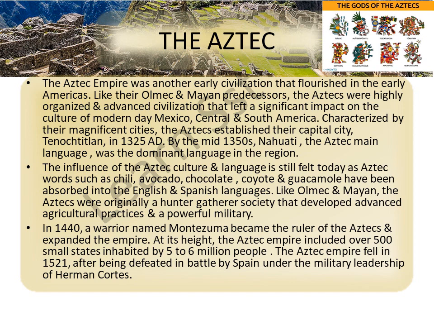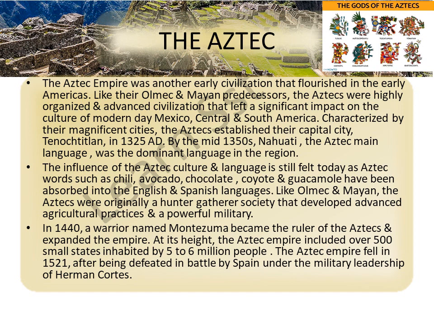Like Olmec and Mayan, the Aztecs were originally a hunter-gatherer society that developed advanced agricultural practices and a powerful military. In 1440, a warrior named Montezuma became the ruler of the Aztecs and expanded the empire.